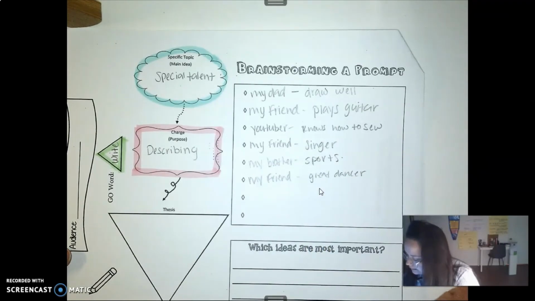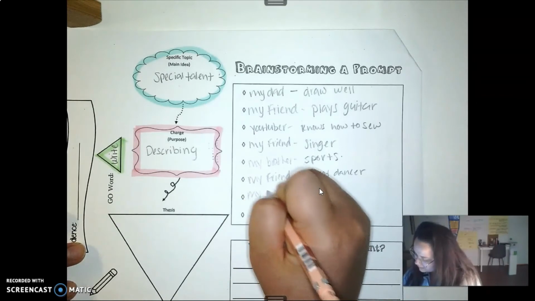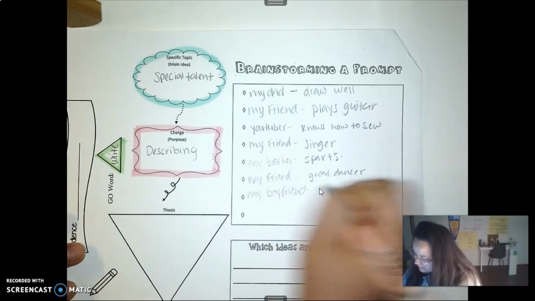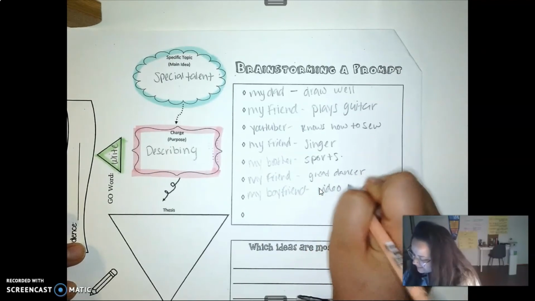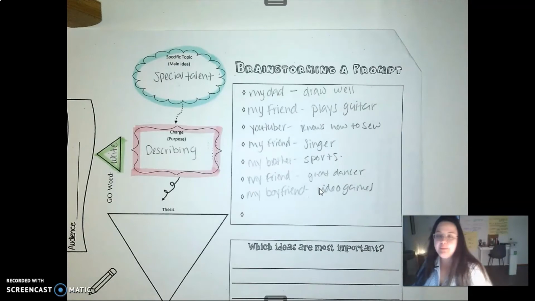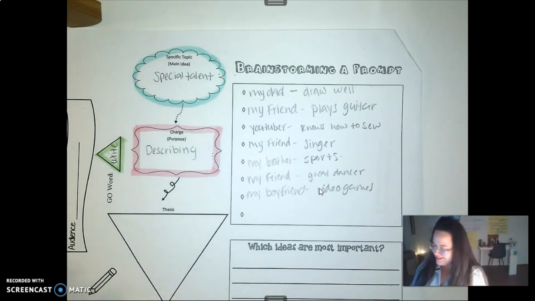Who else? My boyfriend is really good at video games. He plays games online with other people, and he also plays RPG games, which are like games that you play by yourself. But I'm sure a lot of you know what I'm talking about.